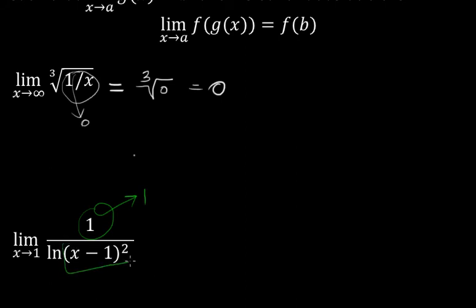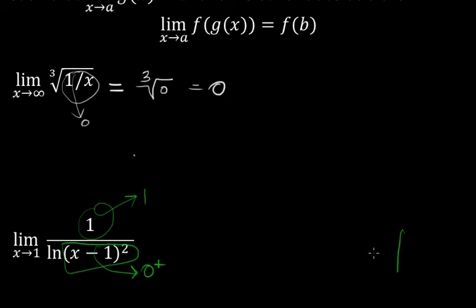And the argument of the log is x minus 1, the quantity squared. So it is positive, and as x approaches 1, it is approaching 0, from the right, because the natural log would not be defined if its argument could be negative.